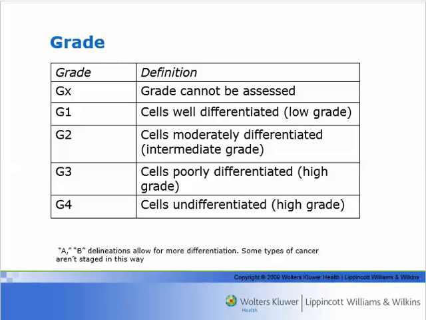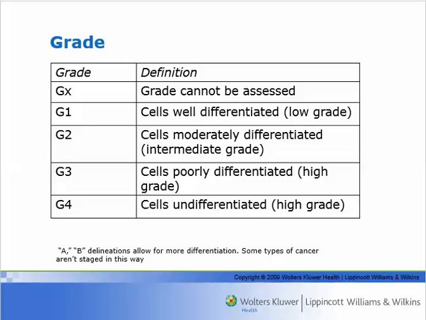G2 are moderately differentiated. G3, the cells start to become really very poorly differentiated. You can probably tell where they came from, but they don't resemble the original cells very much anymore. And then the G4, the cells are completely undifferentiated, they're just a mess.